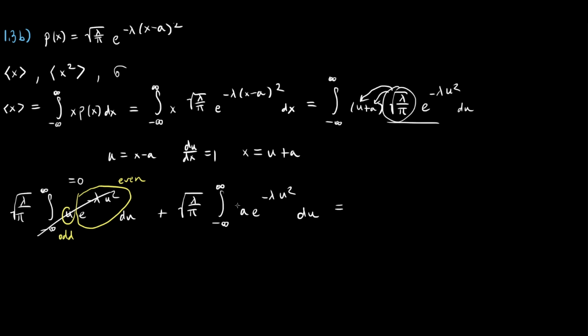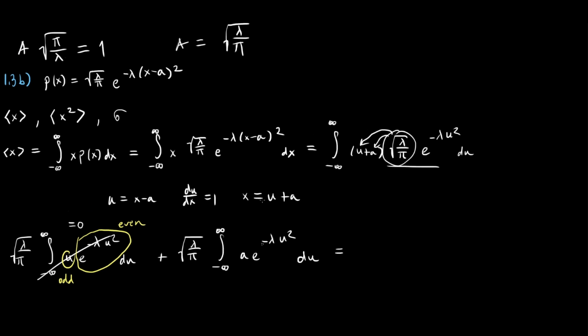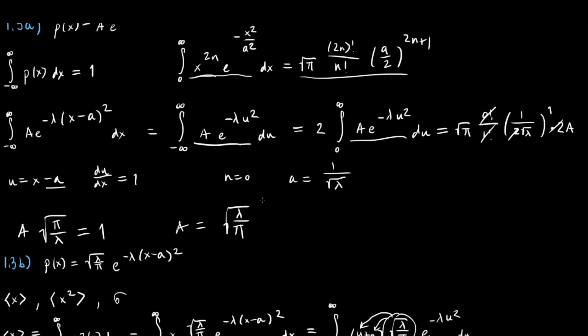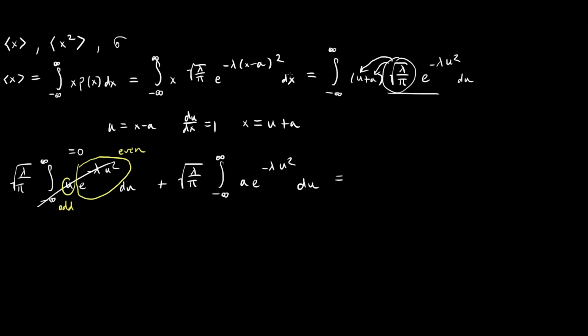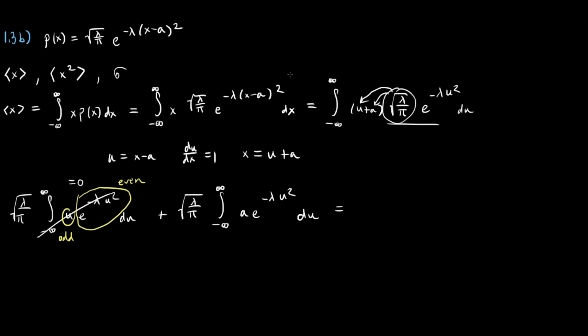Now we just have to worry about this integral here. And we again have to use the Gaussian integral identity as we used before, right here. And in order to do that, we have to first turn this integral from 0 to infinity, like we did before. So it will be the square root of lambda over pi, a times 2.